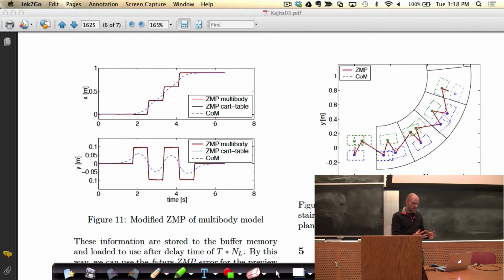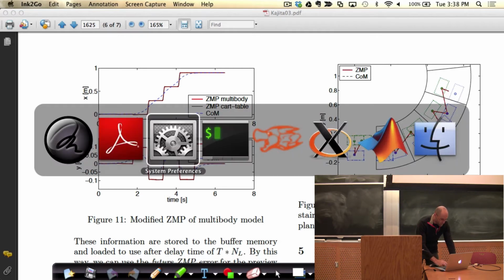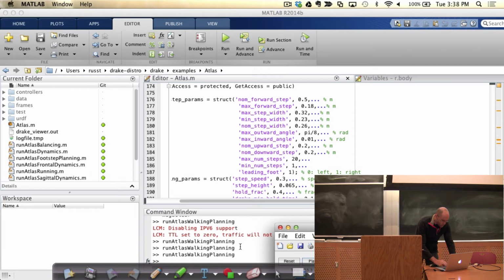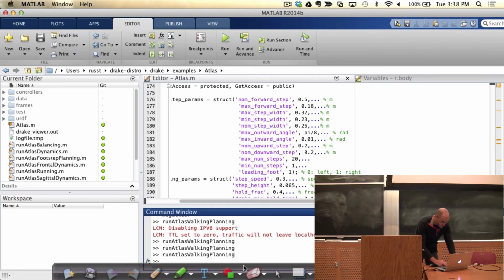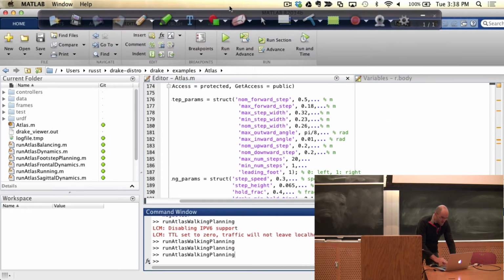So here's the output, and I'll tell you about some of the other pieces in the middle too. The output is that we have basically an instantaneous planner that will plan a whole body trajectory for our humanoid robot.